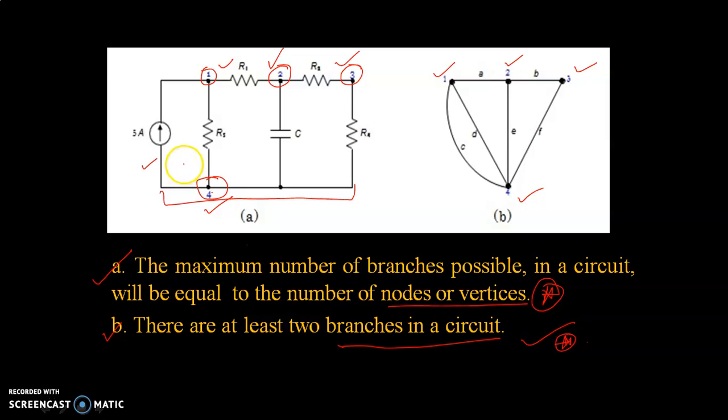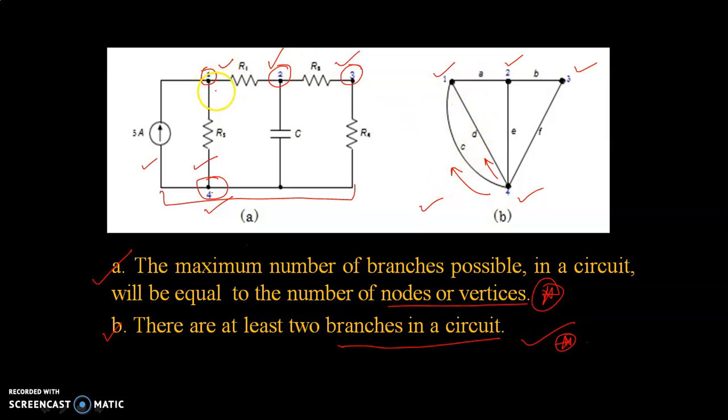One is the 5 ampere branch and one is the R5 branch. Although R5 is a resistance and 5A is a current source, I am saying it like so to make it very easy to understand. So see this, it is connected like this: one for the 5 ampere current source, and the second one for the R5 branch. We'll update this graph later on in this video.